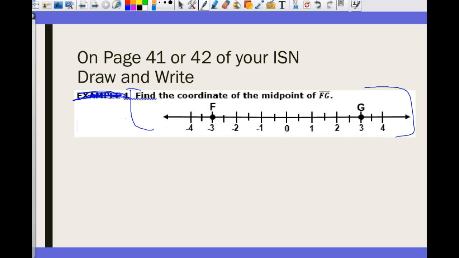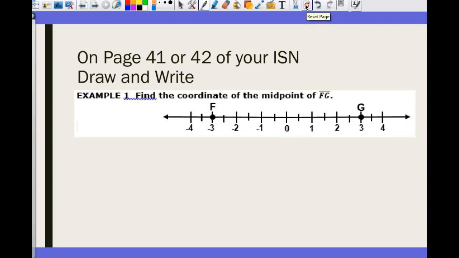Okay. What answer do you guys get? 0. Right? It's pretty easy. Yes and no. If it looked like this, and it was a graph, yes, it would be 0, 0. But since it doesn't have that y component, it's just 0. Okay.